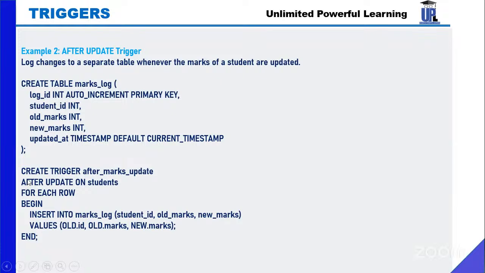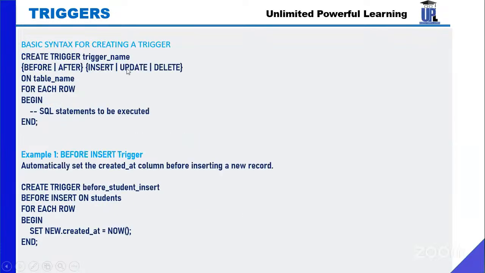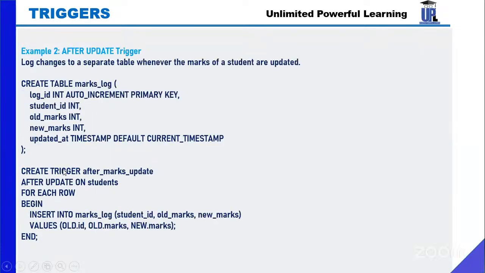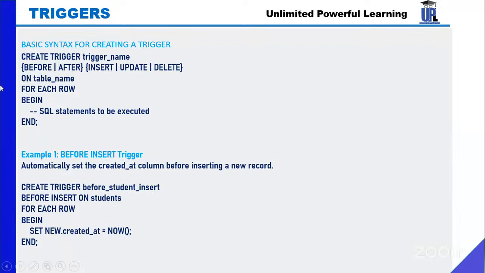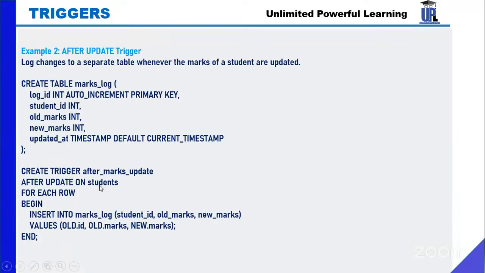So then what to do for that? Create trigger after marks update. As I said, after update on which table name, for each row, begin. What we are doing: whenever you are updating a student table, it has to go to this marks log.